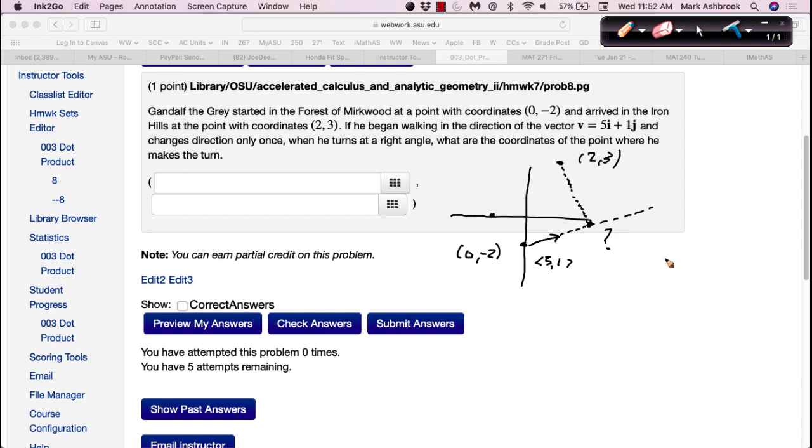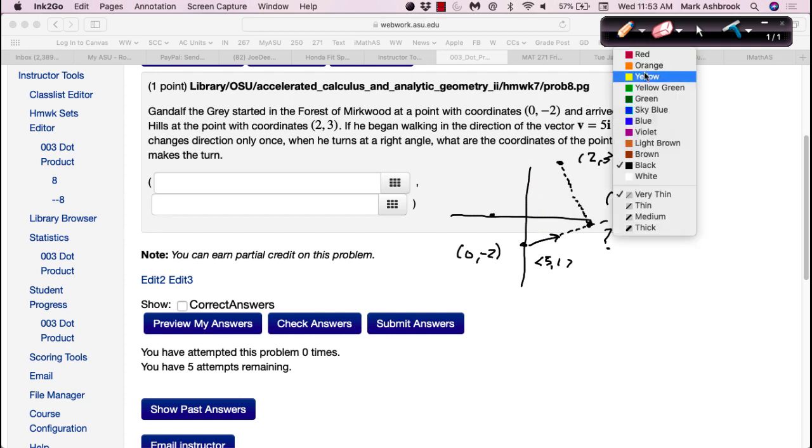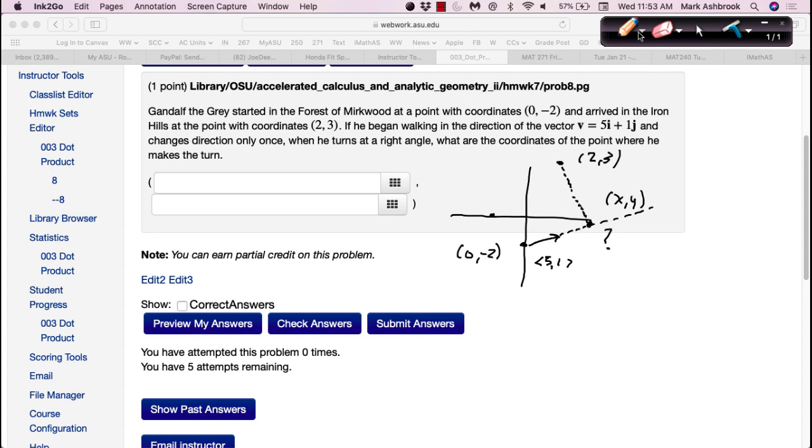Okay, so we need to think about what tools we have to do this. Maybe one hint to get us started would be, could we make the vector from (0, -2) to (2, 3)?